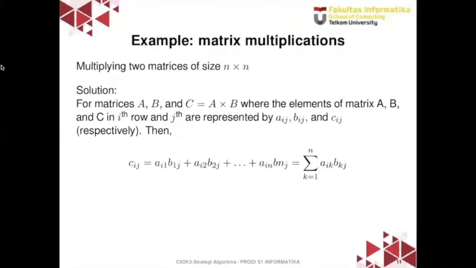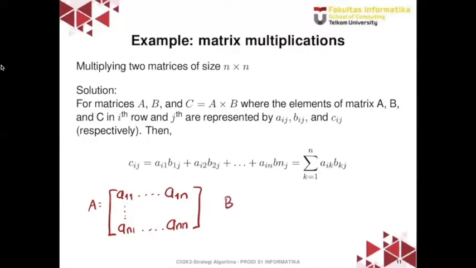And the next problem is multiplication of two matrices of size n times n. So in mathematics, for example, we have matrix A. We can write it like this: A11 until A1n, and so on until An1 until Ann.